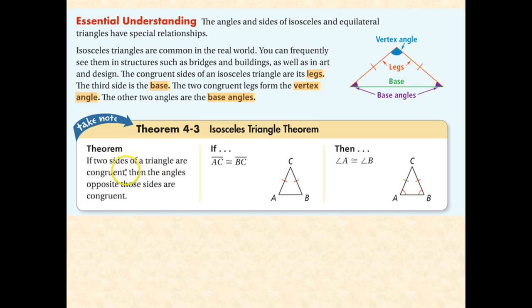And so you'll also hear this stated as the base angles of an isosceles triangle are congruent. And sometimes you'll see congruent angles marked like this. So just so you know, even if you have an isosceles triangle laying down on its side, it's not going to be angle X congruent to angle Z. It's going to be the base angles.